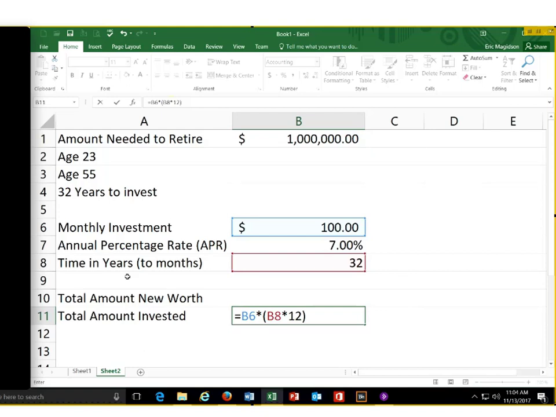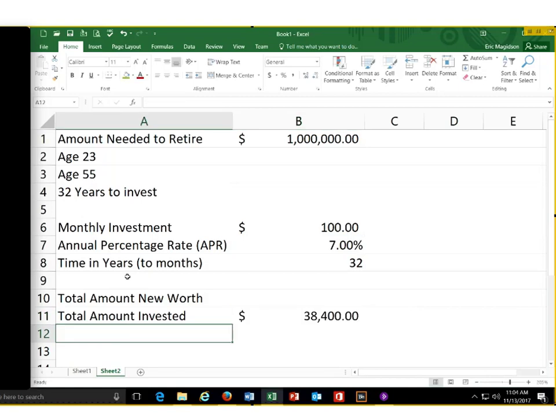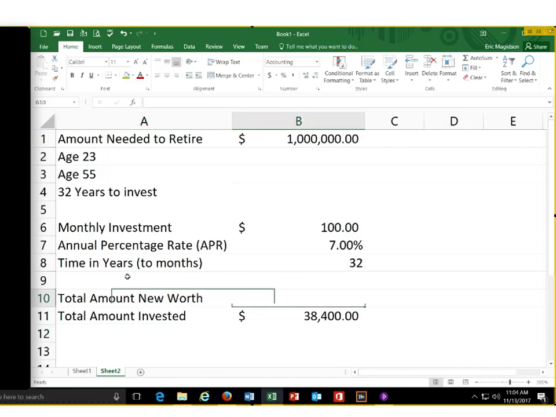Let's see how much you're going to invest. You're actually putting in $38,400. However, that $38,400 is going to earn what? Interest. Folks, I'm really hoping that a lot of you are just not saying, because you're scared to get it wrong, but that you know this.